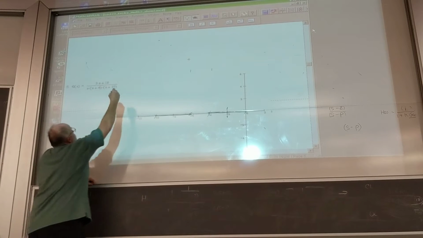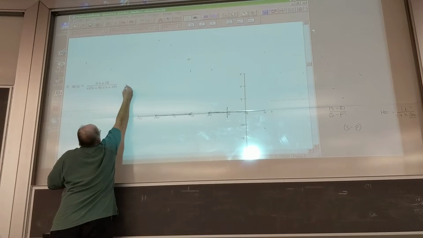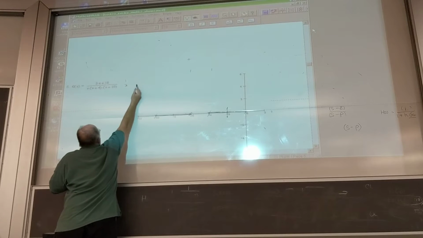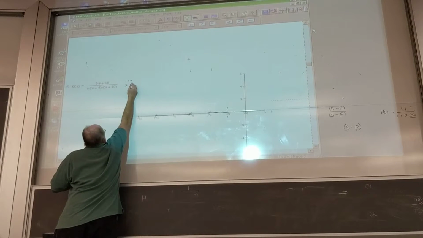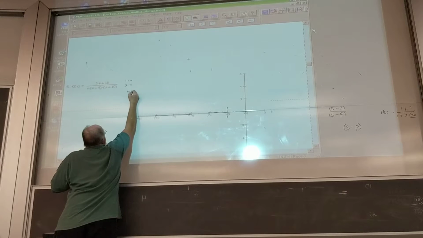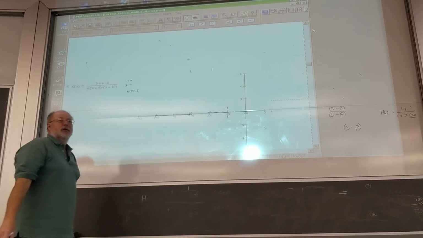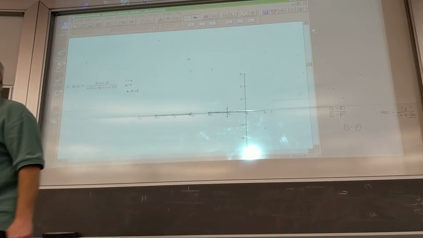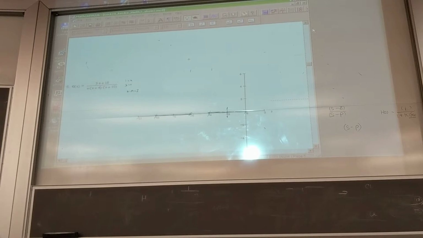How many poles? 1, 2, 3. How many zeros? 1. So that equals m, and n minus m is equal to 2. Now, does that make sense? There's 2 other asymptotes. How many locus starts do I have that don't have finish lines yet? 2. Yeah, these 2 over here.